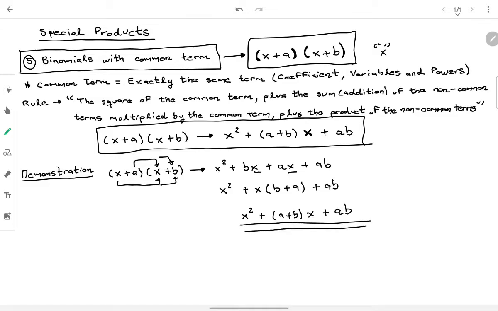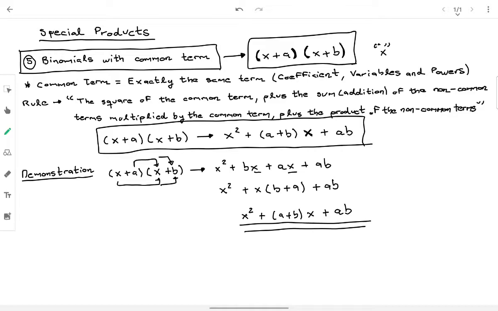So this is the demonstration of why, when we have a binomials multiplication with common terms, the rule is the common term squared plus the sum of the non-common terms multiplied by the common term plus the product of the non-common terms.